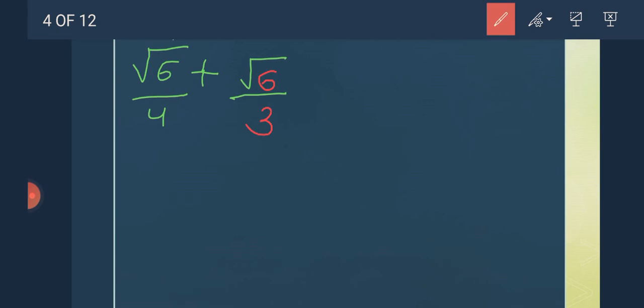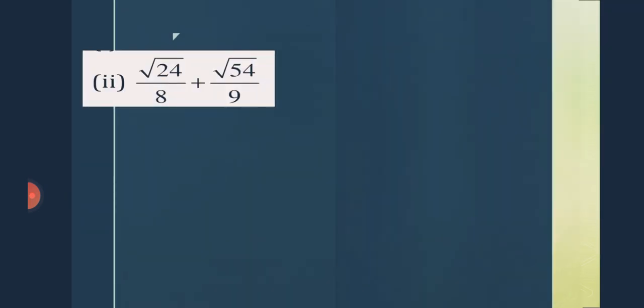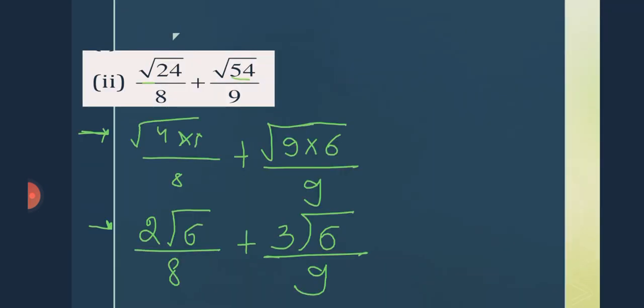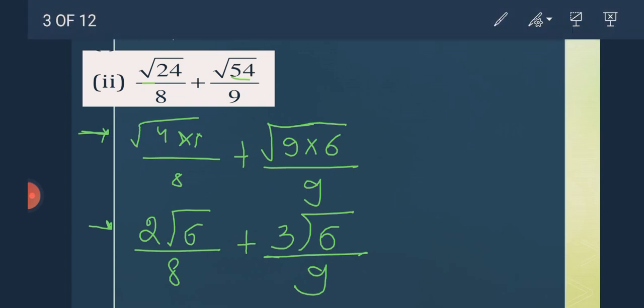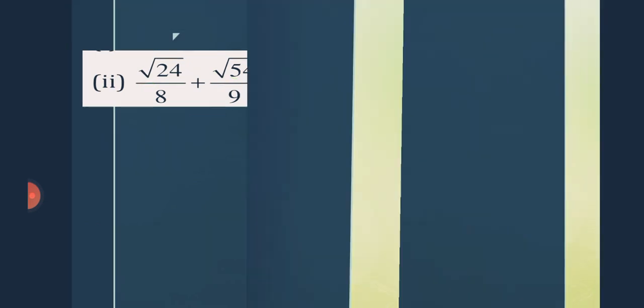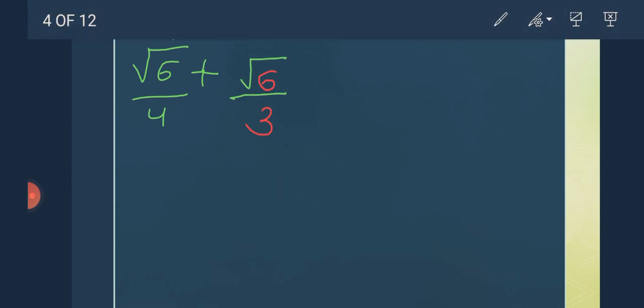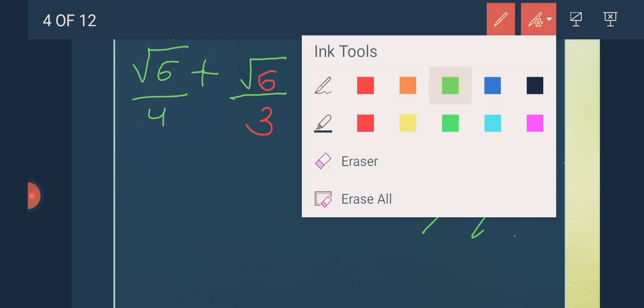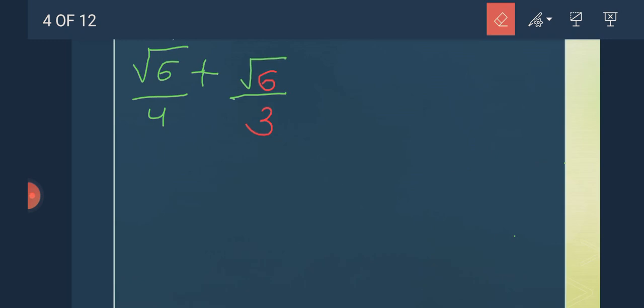If you ask, ma'am, in the previous slide you told us there are 8 and 9, then how did it get converted into 4 and 3? Very simple. It is converted because we have cut 8 and 9: 4 2s and 3 3s we have cut. Easy peasy, no doubt.